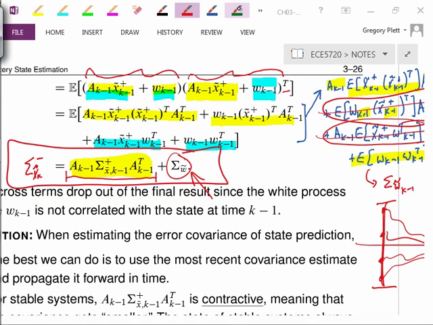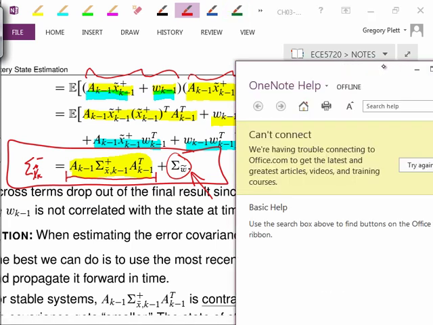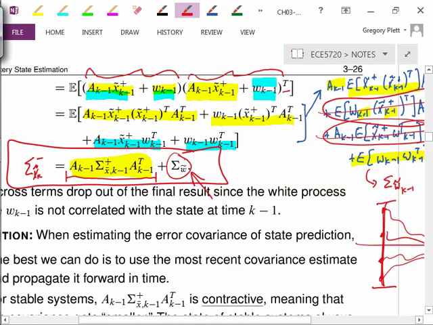So overall, for us, this term is driving uncertainty down or staying the same versus time. This term is driving uncertainty up, and there can be a steady state solution that kind of balances things out, and we'll think about that a little bit more in the future.